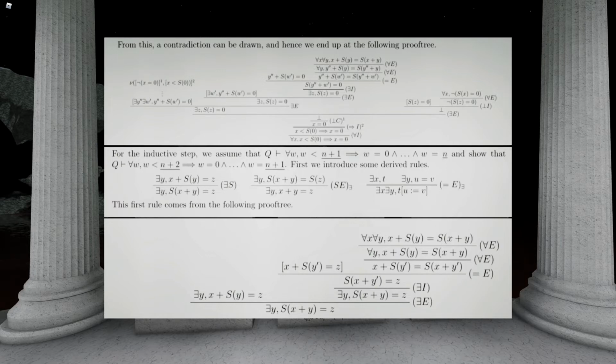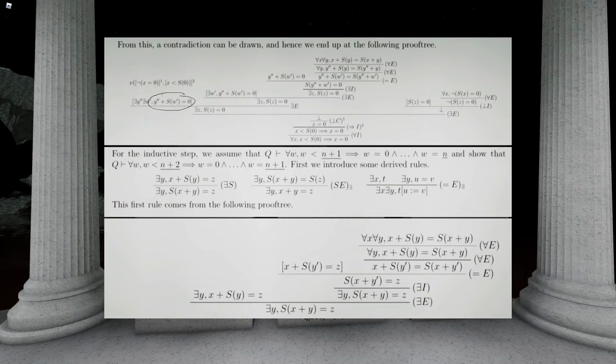Okay, and then let me spell out the contradiction for you. As I already mentioned, we have y double prime plus the successor of w prime is equal to 0. Now what I want to say is that there exists some z such that the successor of z is equal to 0.